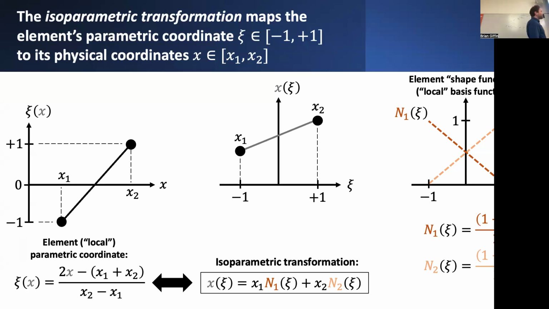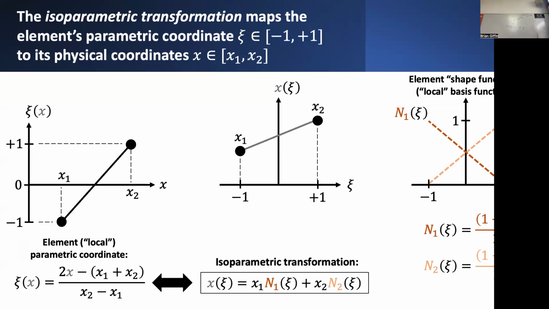Alternatively, I could also interpolate the nodal position field, X1 and X2, over the full length of this element. And in doing so, I actually come up with X as a function of this local element coordinate, which I'm calling ξ, where ξ ranges over this normalized coordinate range from -1 to +1.